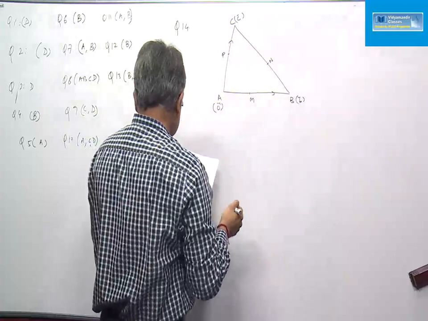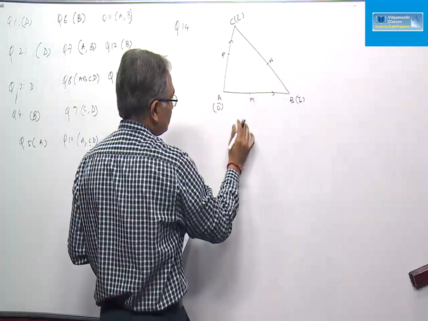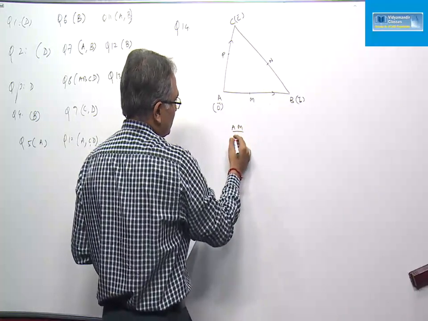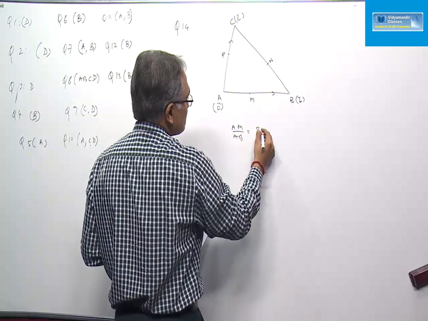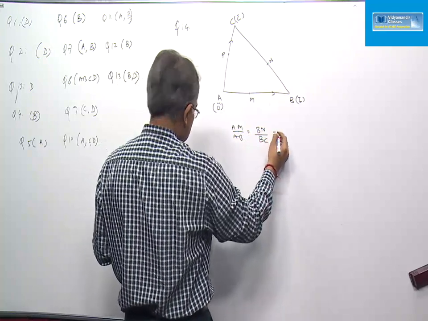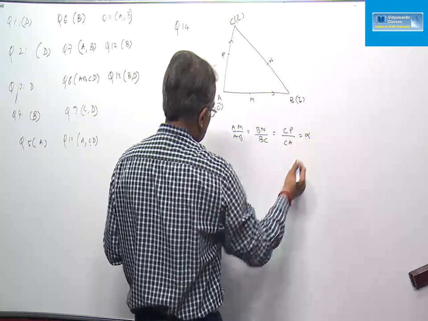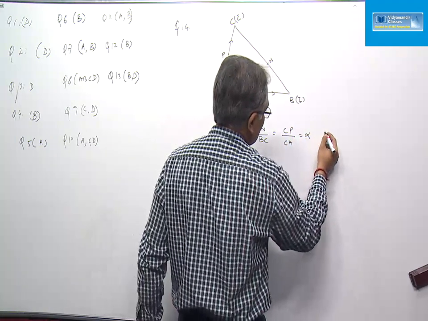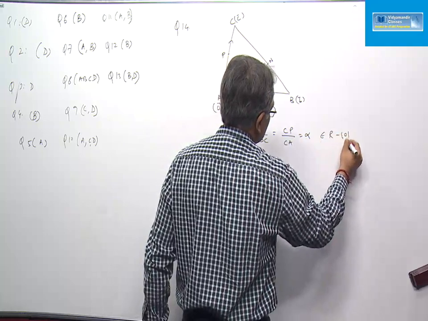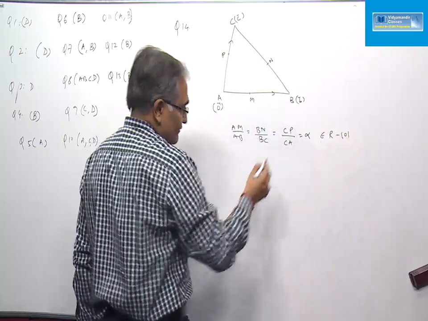Further, it says AM upon AB is the same as BN upon BC is the same as CP upon CA, equal to alpha, which is not 0. Hence alpha can be positive or negative.